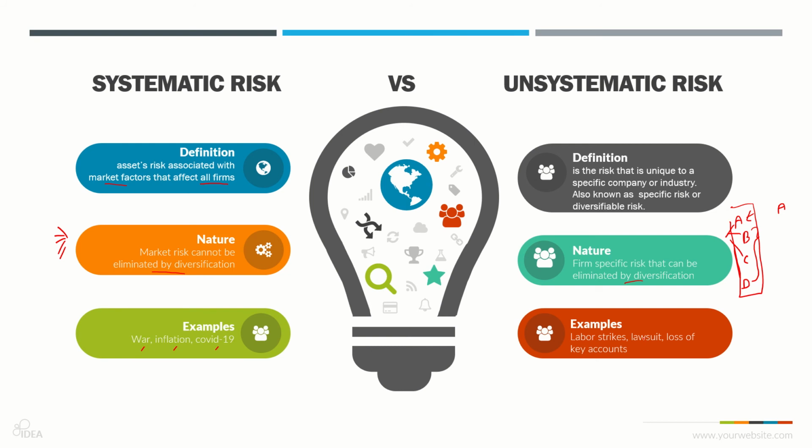Okey, apakah contoh-contoh unsystematic risk? Labour strike. Contoh pekerja A tak puas hati dengan bayaran gaji. Lawsuit, loss of key accounts. Okay, apa-apa risk yang hanya melibatkan kepada specific company ataupun industri.